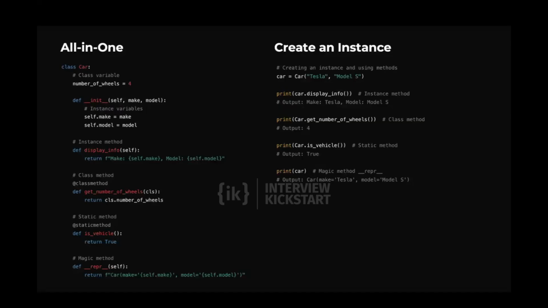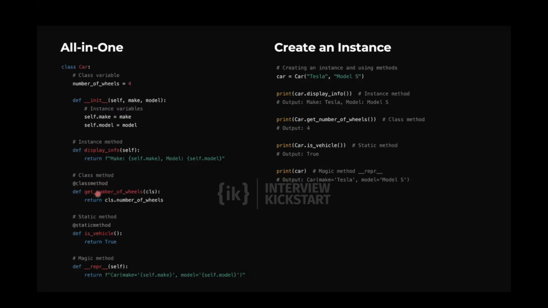If I don't use the decorator classmethod, getWheels won't be treated as a method under the Car class. That's right. If you want to make sure that, for example, this get number of wheels is a class method, you need to provide the classmethod decorator on top of it.